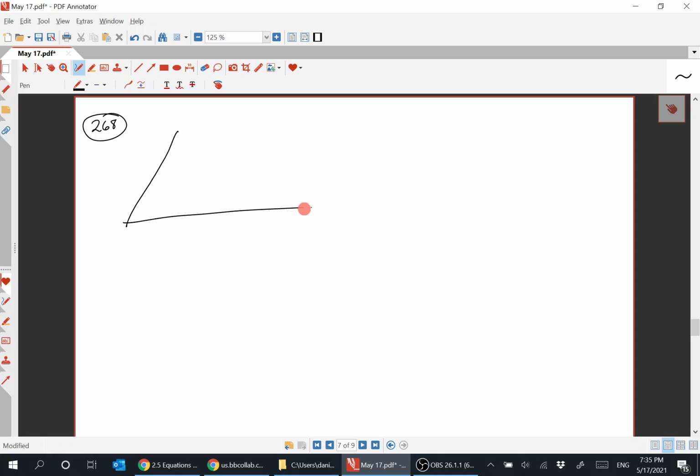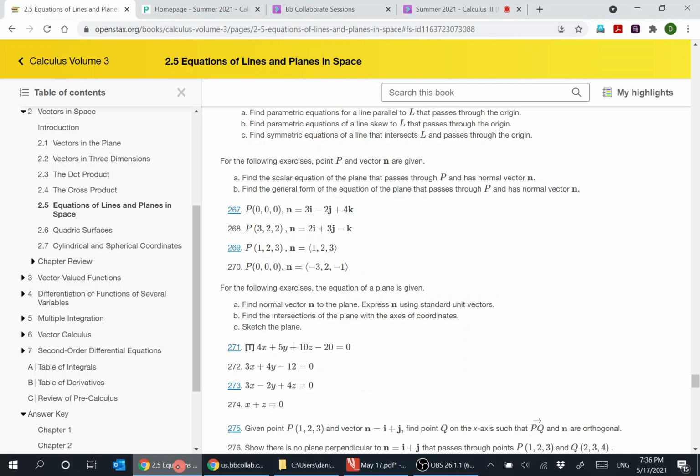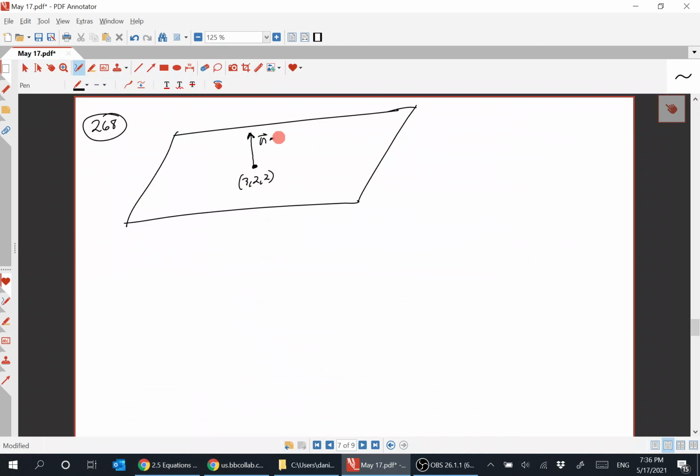Okay, so we'll draw a plane. And we've got this point here, 3, 2, 2, on the plane, and then we've got a normal vector to the plane. That's why the letter N is used, and that normal vector here is 2, 3, minus 1.